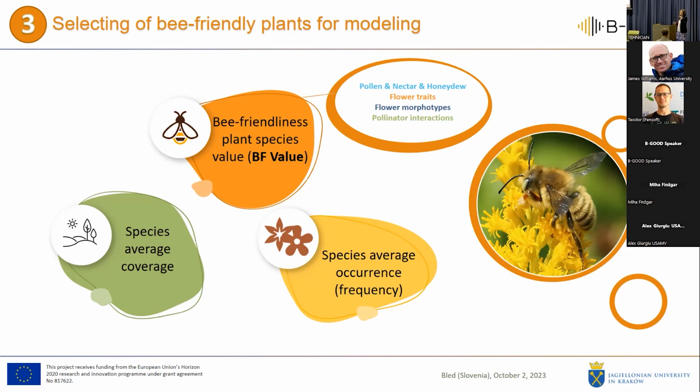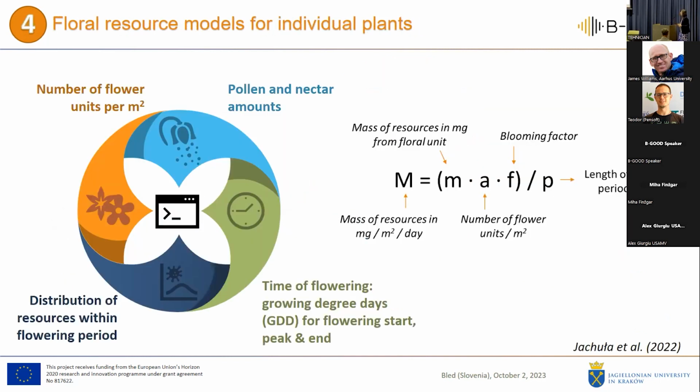And of course, we had to put a threshold at some point, not to have too many species to be modeled in the end, but at the same time not to miss anything which is important. So we have this list, which is currently around 350 plant species that we selected.